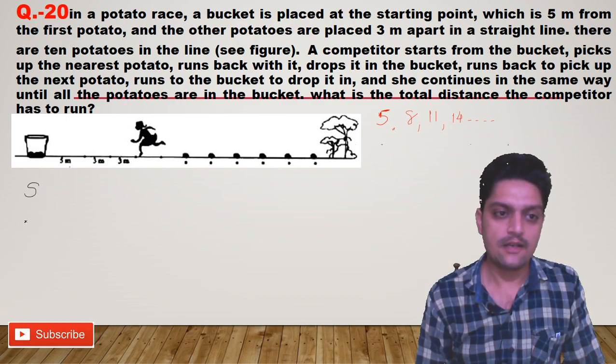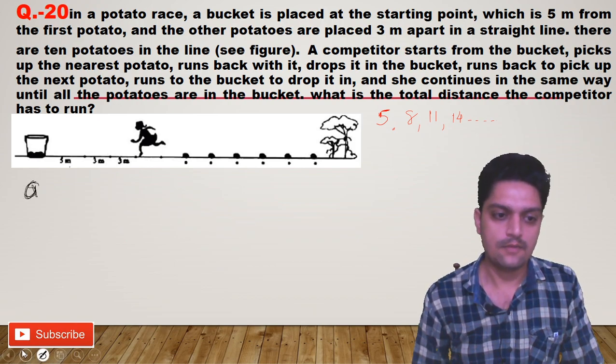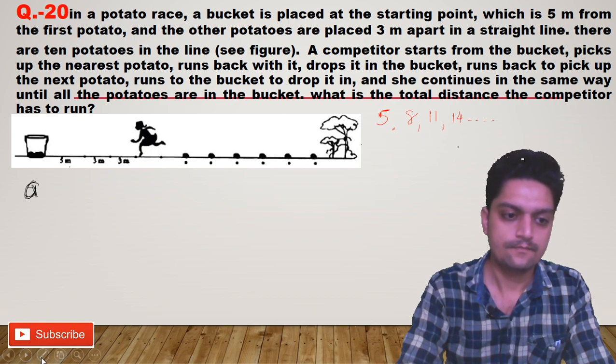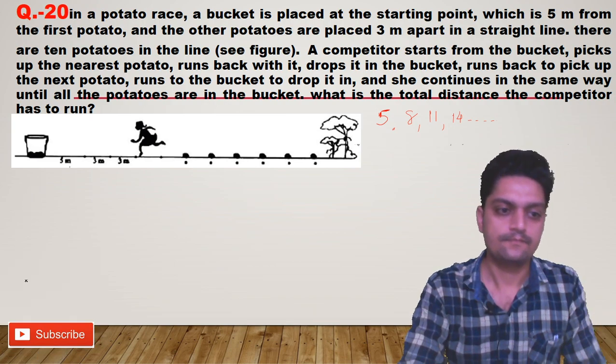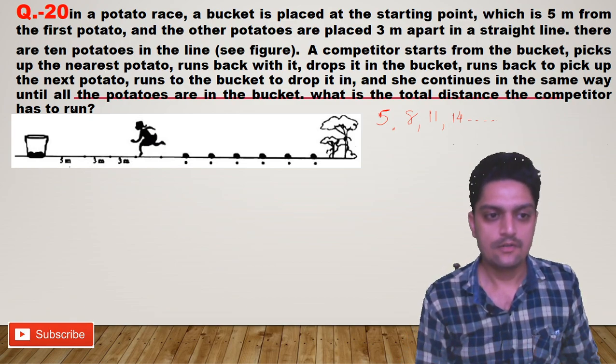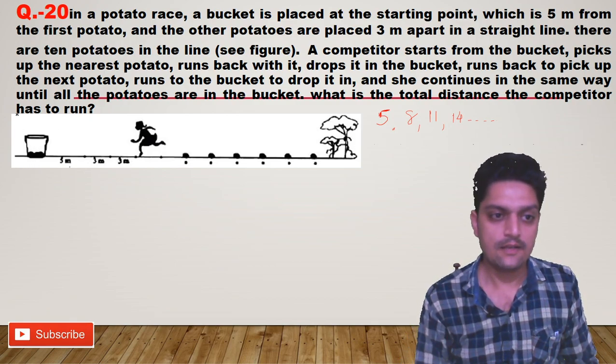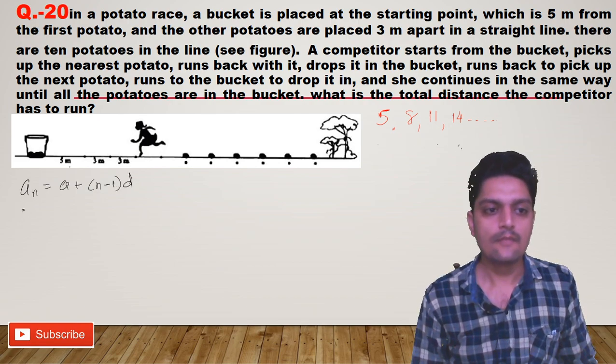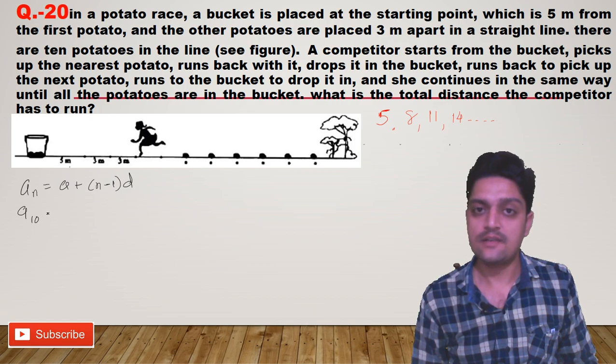So we will write A10. Here an is equal to a plus n minus 1 into d. So a10, why 10? Because we have to find the 10th term.